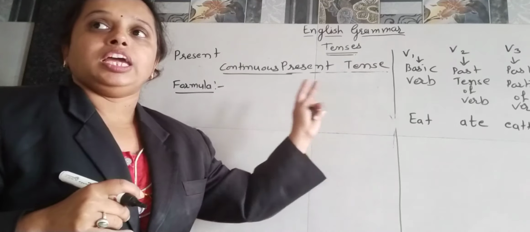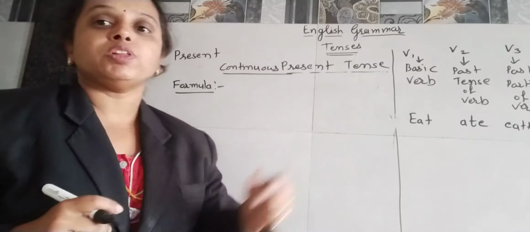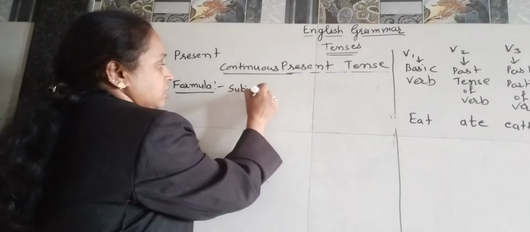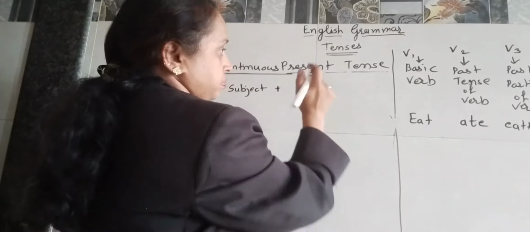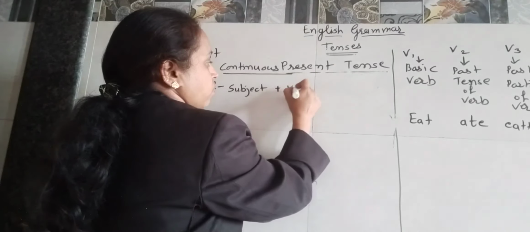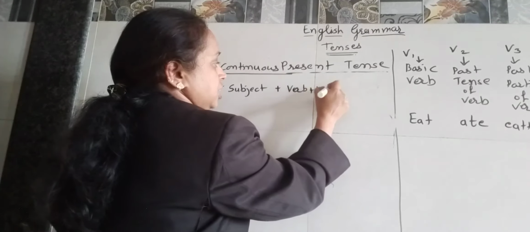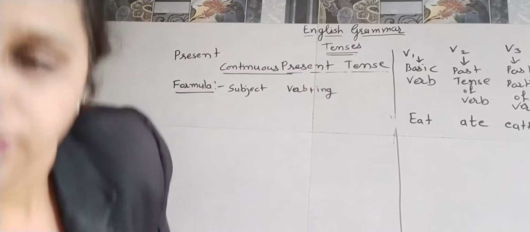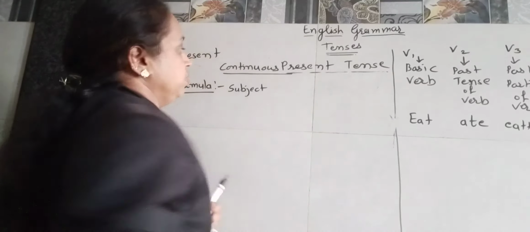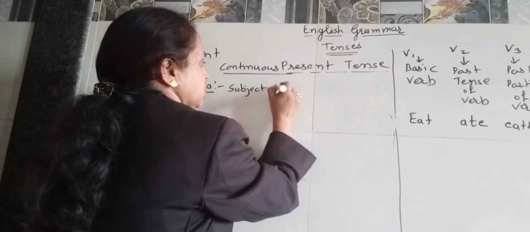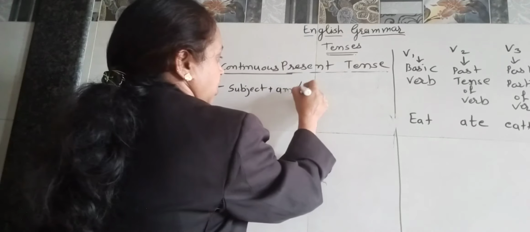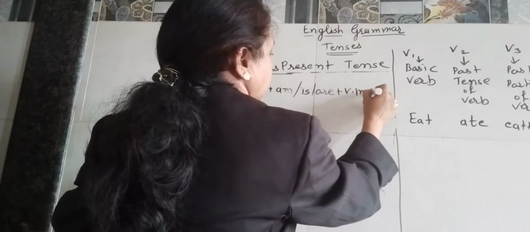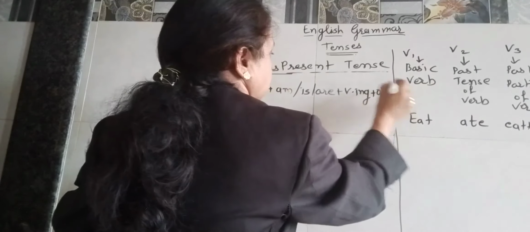So what will be the formula of this present continuous tense? It is subject plus, one more thing I forgot to write, wait, plus am, is, are, plus verb plus ing, and plus object.